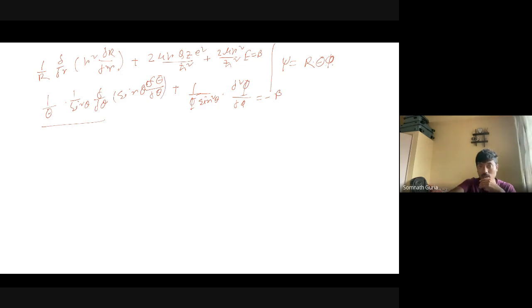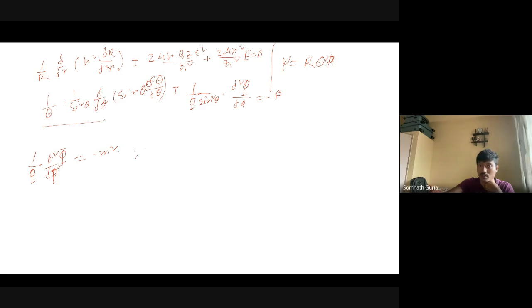So after that, you can separate the angular equation, and you will find 1 by phi del square phi by del phi square gives minus m square.